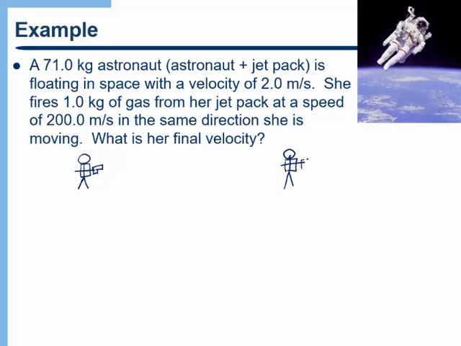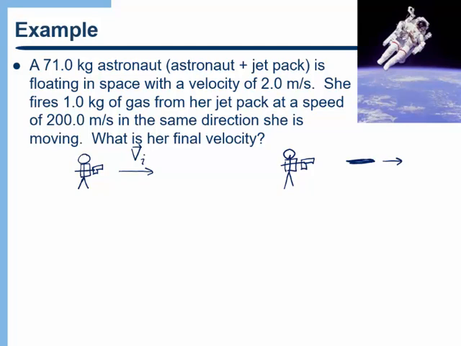she has the same setup, but now some of the gas she's fired off, and that's moving off in the direction that she was initially moving. I'm going to call the initial velocity of the astronaut plus all the gas in the jetpack just Vi, because we've only got one object.